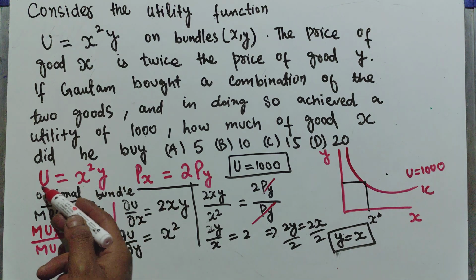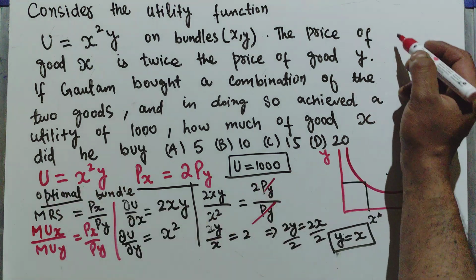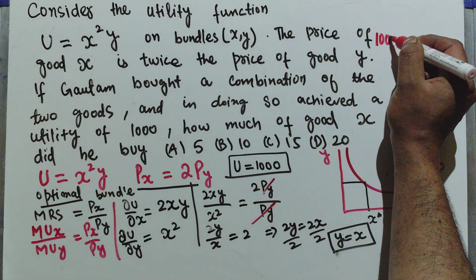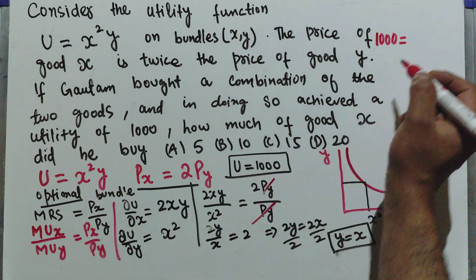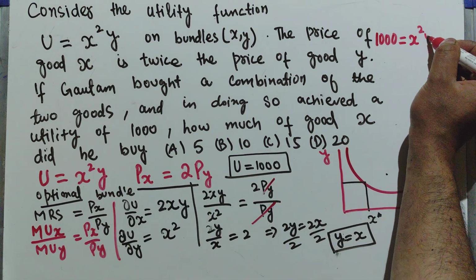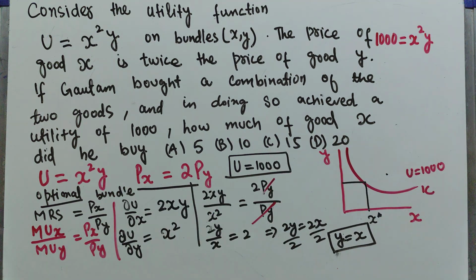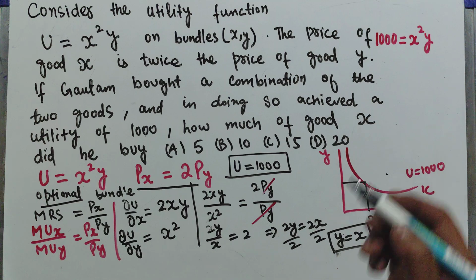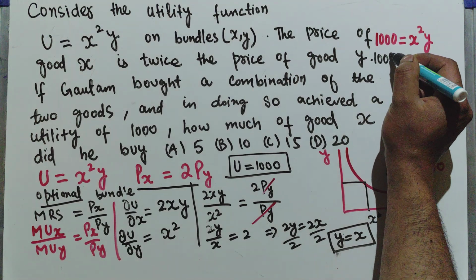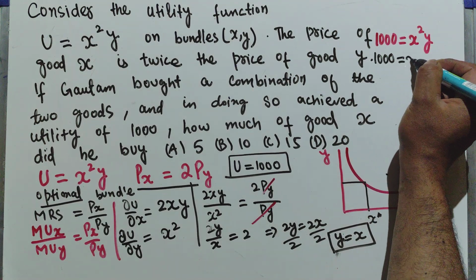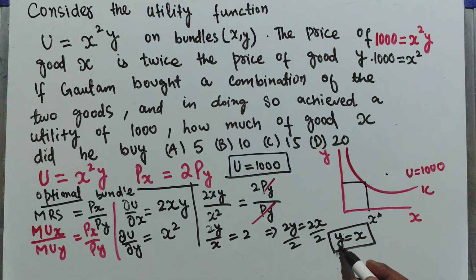So 1000 is equal to x squared times y, where y is equal to x.